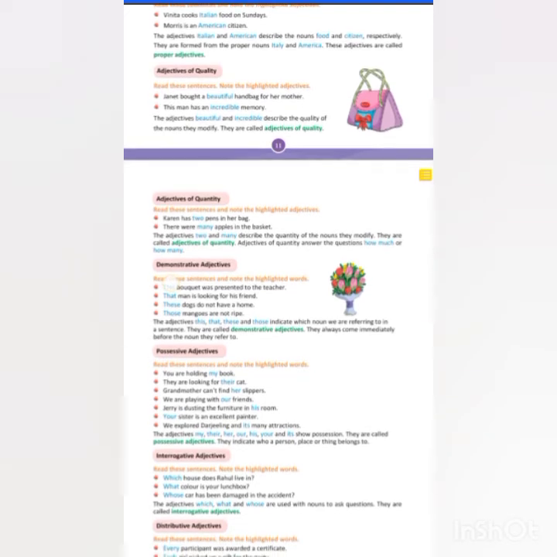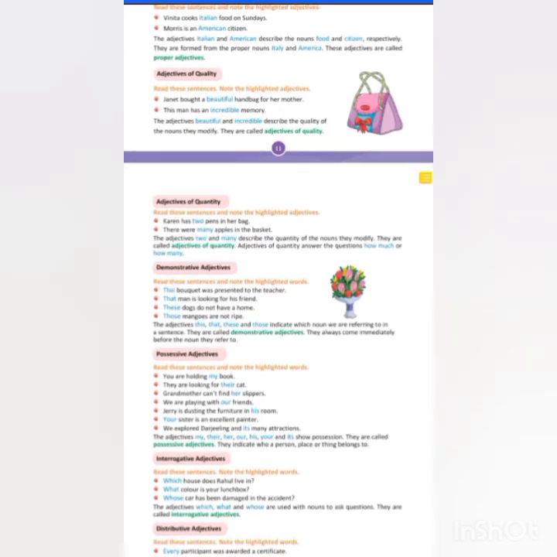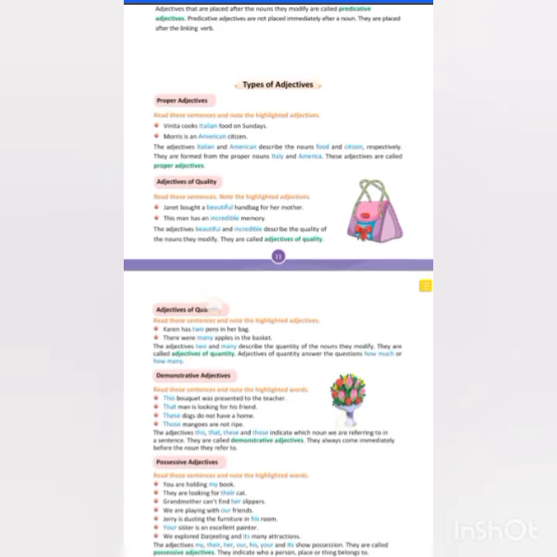Second is adjectives of quality. See here, for learning quality, you see the given picture about a bag. This bag, this purse. You can see what the material is, what the design is, what the color is, how the quality is. For that, you just see examples.